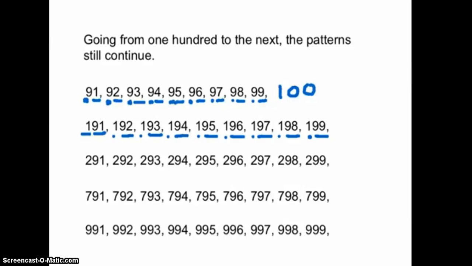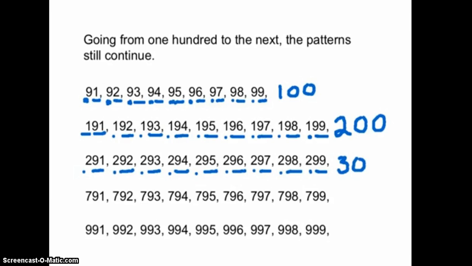Remember, we have 1 here. This becomes now a 2. 200. 291, 292, 293, 294, 295, 296, 297, 298, 299. If this is a 2, it now becomes a 3. 300.